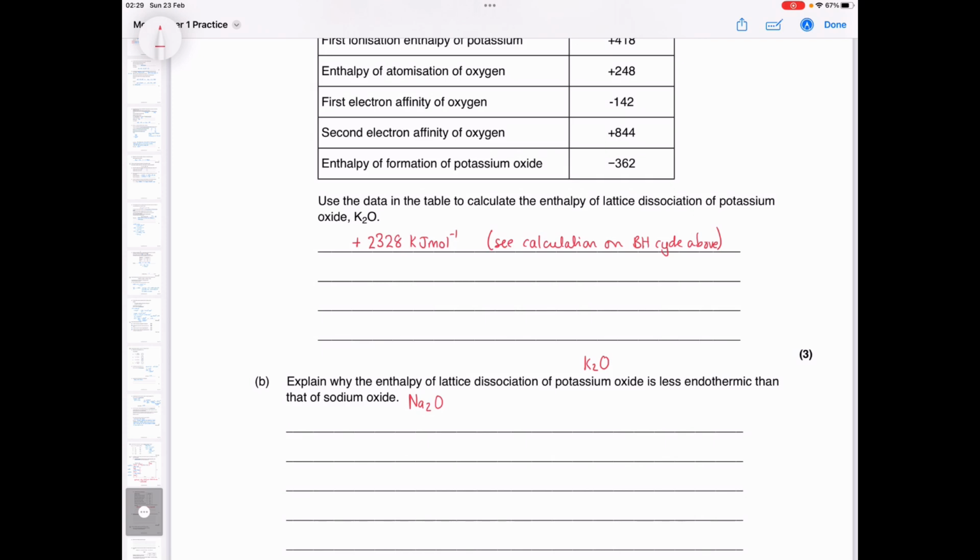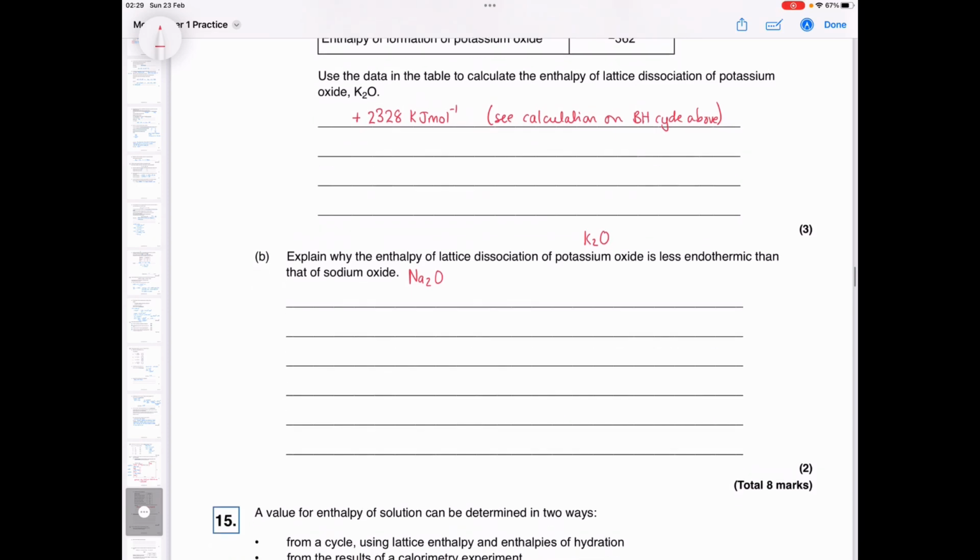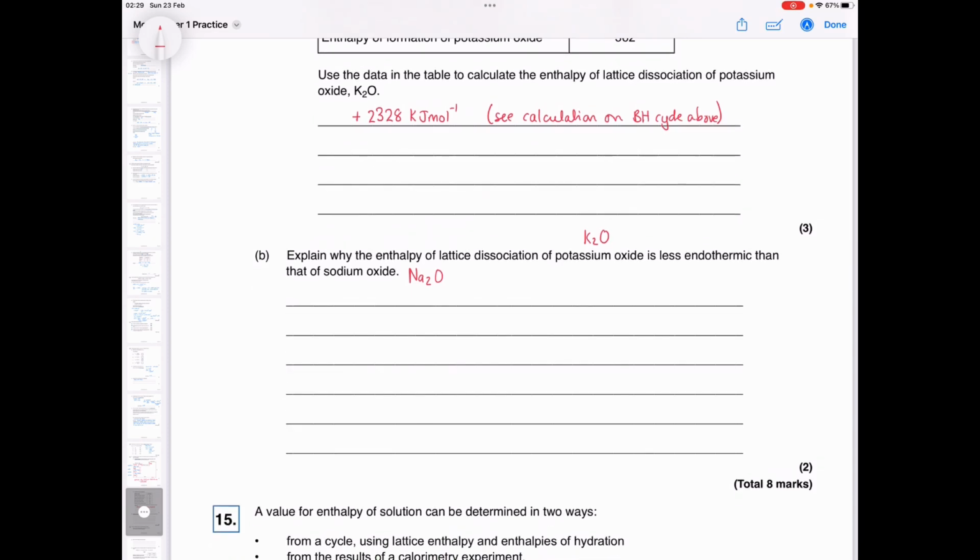So we're saying that the enthalpy of lattice dissociation of potassium oxide is a smaller value, plus something smaller than that of sodium oxide, so that it takes more energy to break apart the lattice of sodium oxide than it does to break apart the lattice of potassium oxide.